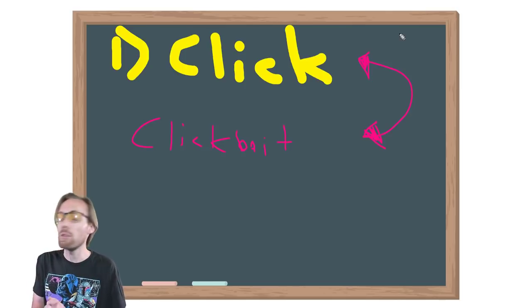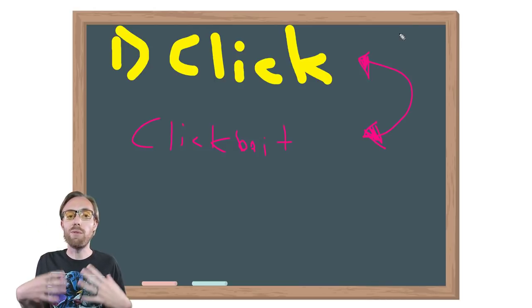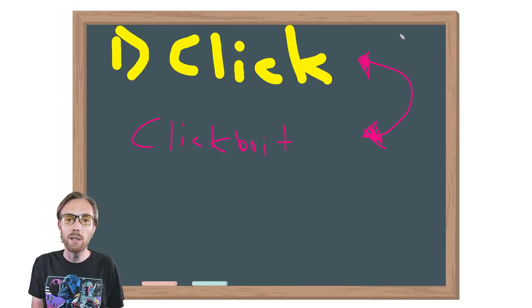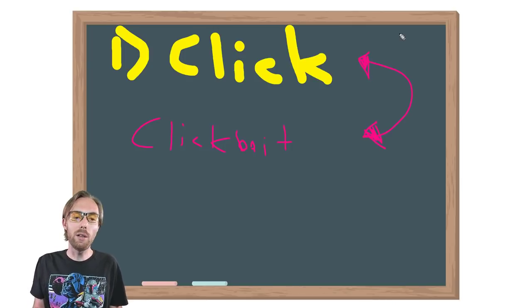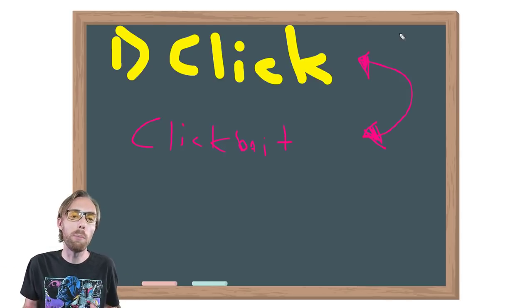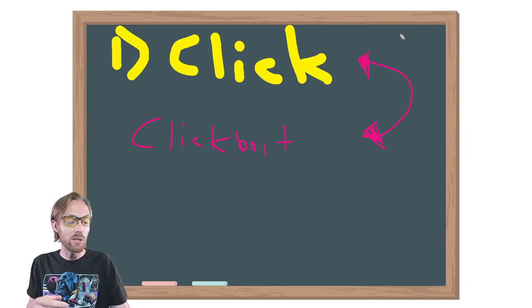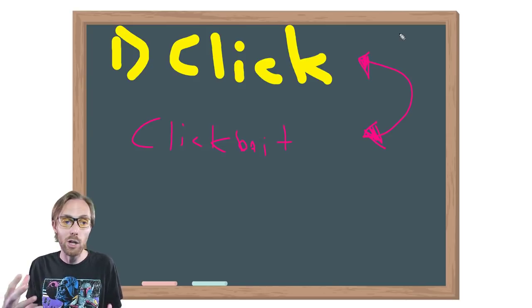What I consider to be clickbait are basically things where you're falsely representing your content. You're putting things in your thumbnail that don't actually exist. You are maybe putting in a woman with her boobs pushed in so that people click for the boobs. Maybe you are showing something in your thumbnail that didn't actually happen in your video.